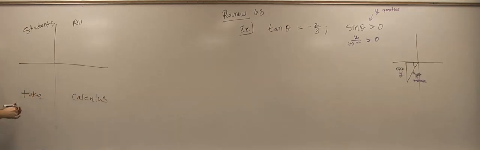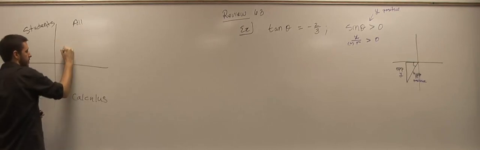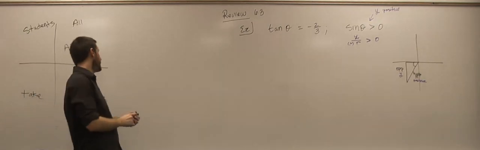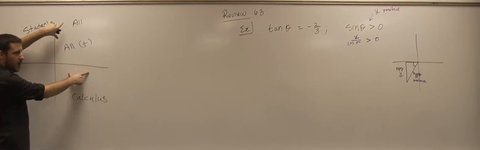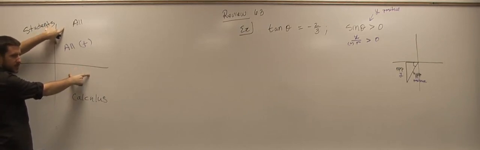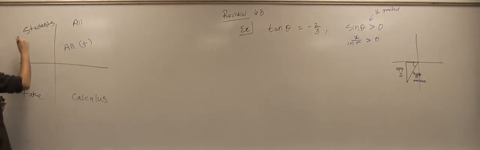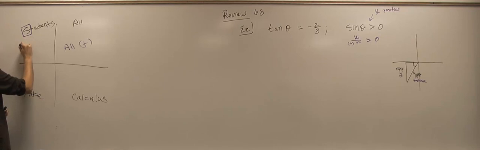So what this tells you is that all of the trig functions are positive in the first quadrant. And that makes sense because in the first quadrant, x and y are both positive. So x over r and y over r and all of that will all be positive. In the second quadrant, the way this works is you focus on the S. S associates with sine. So this is telling you that sine is positive in the second quadrant.